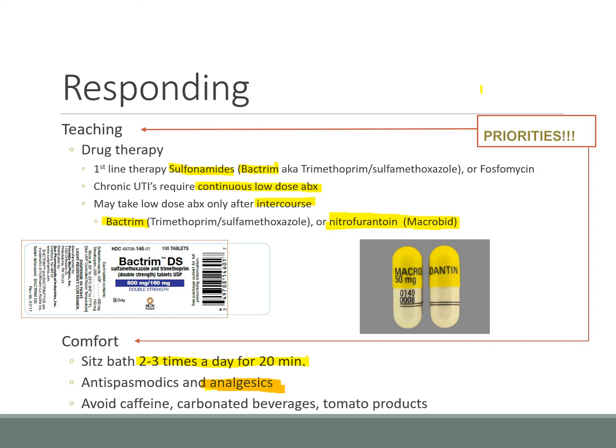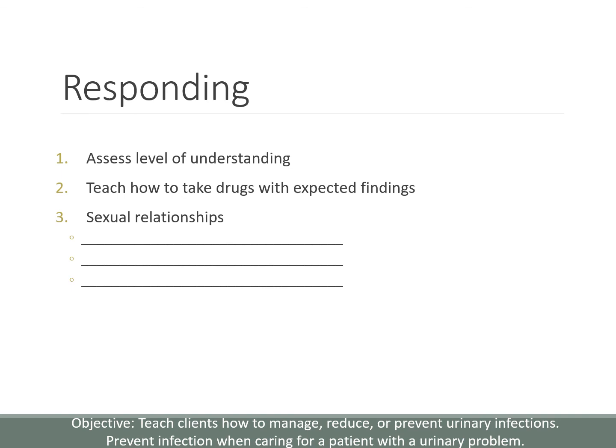Encourage your patient to avoid caffeine, carbonated beverages, and tomato products. These are considered irritants to the bladder during this time period. All right, so assess your patient's understanding, such as what does it mean to have your symptoms relieved?